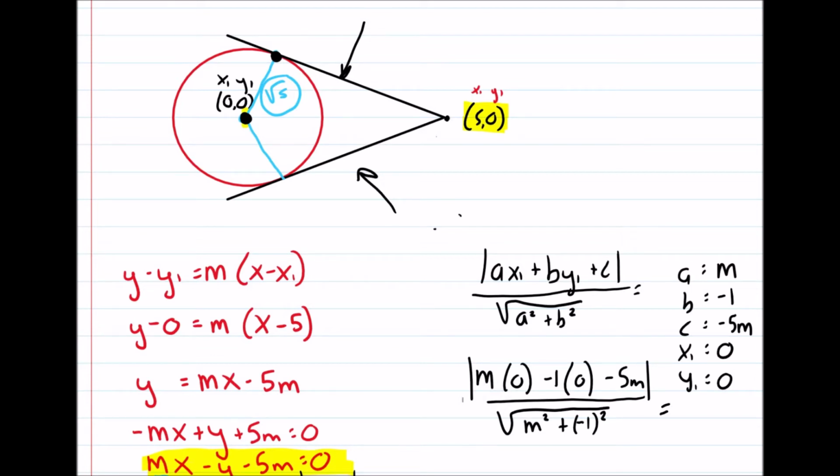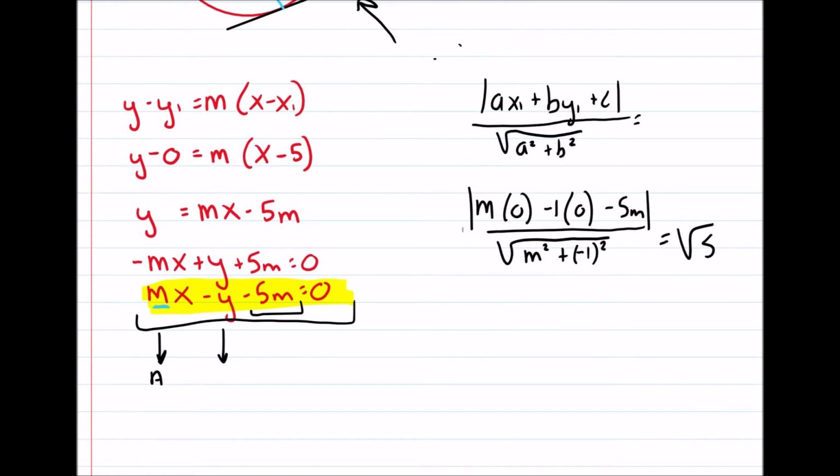And we will let that equal root 5. I don't need this anymore, so I'm just going to tidy it up and get rid of it. Right, so now it's just algebra.